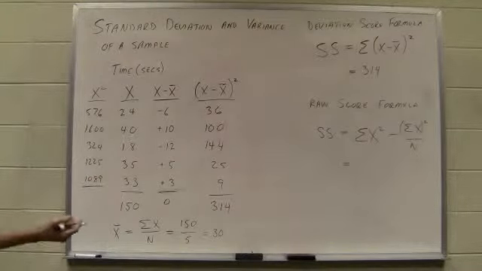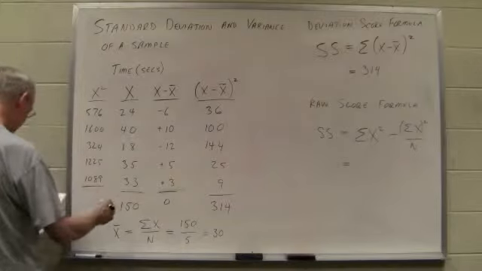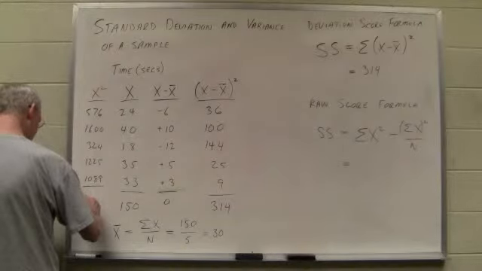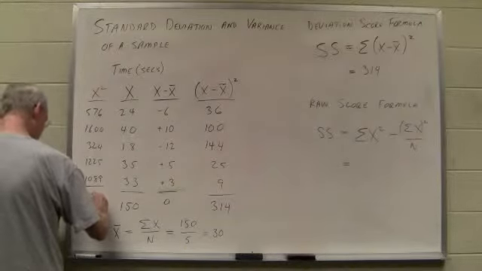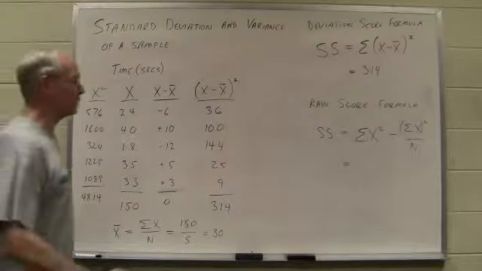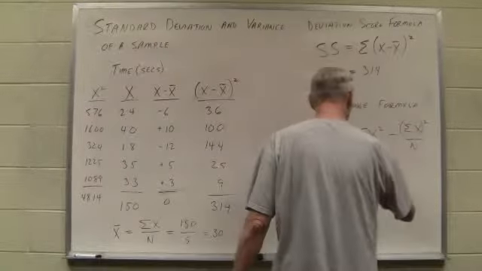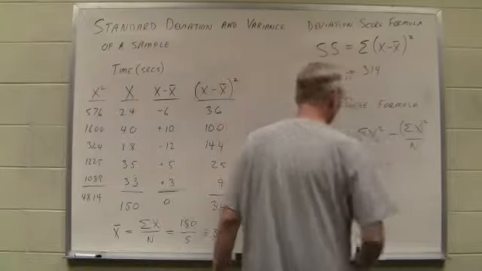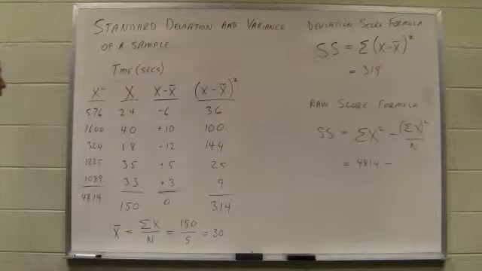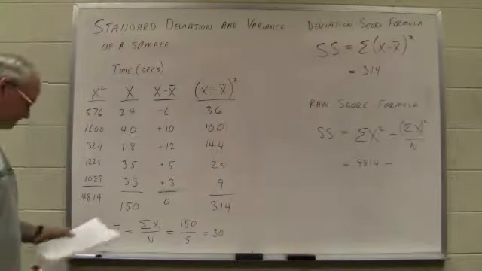Calculators won't give you any trouble in adding these up though, so the fact that they're large isn't that big a deal. We come up with 4814 for that term. Sum of all the raw scores squared, 4814.